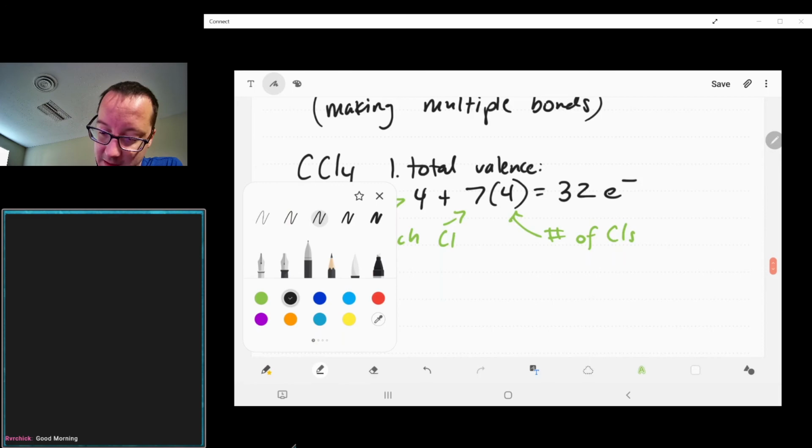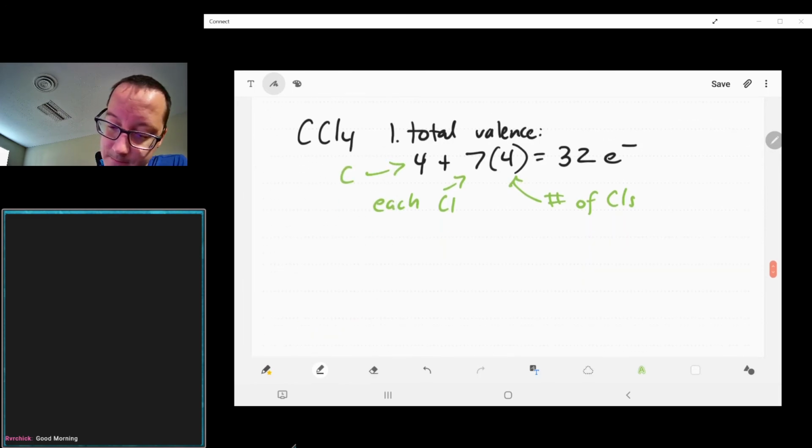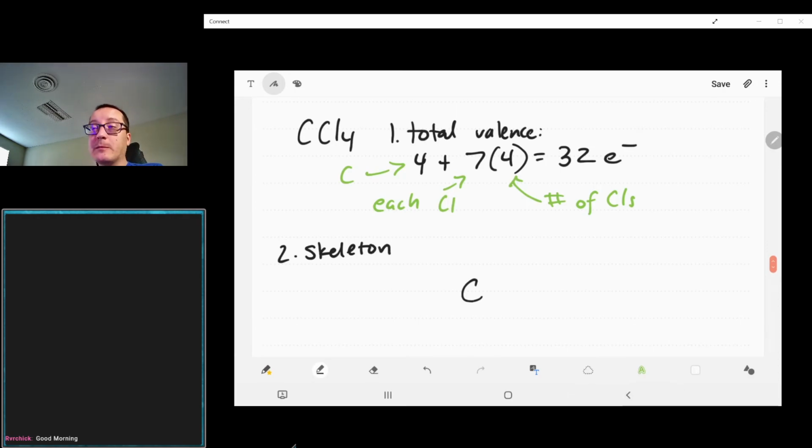Let's go ahead and assemble our skeleton. I'm just labeling these steps because I want it to be easy to follow what we're doing. You do not have to label all of your steps. That is totally up to you. All right, so we're going to want to assemble our skeleton by putting our central atom in the middle and putting a single bond to all of our outer atoms.